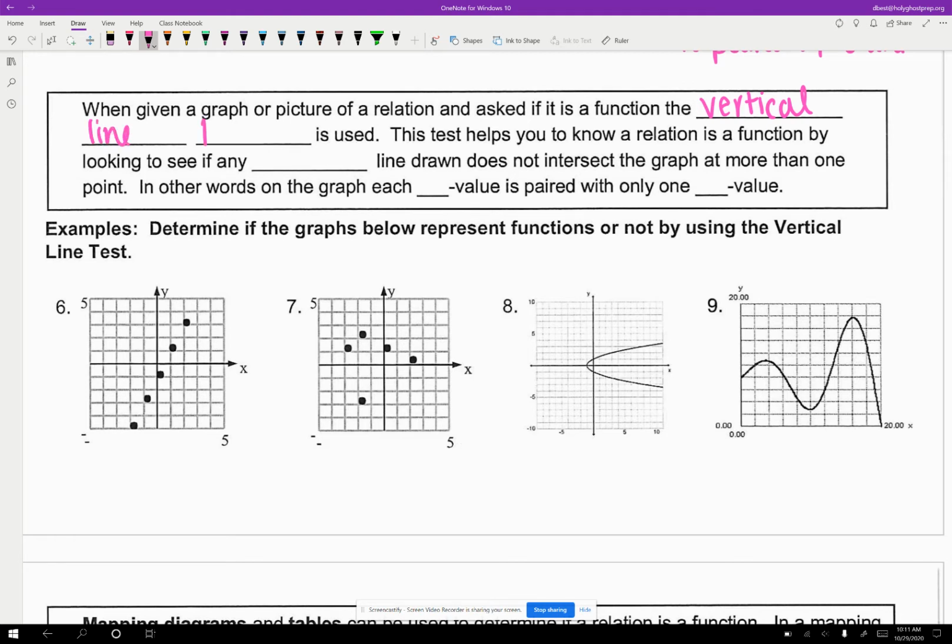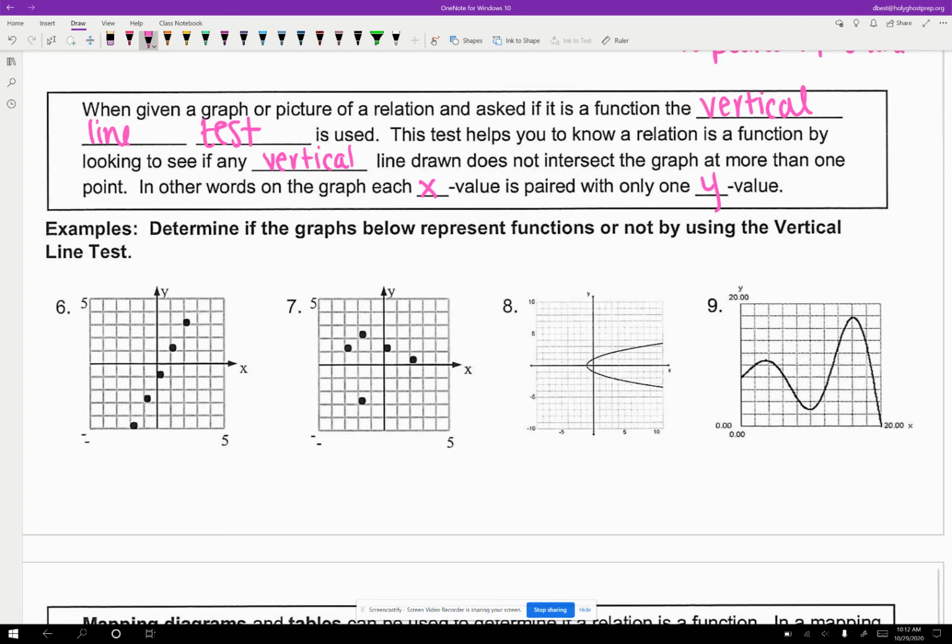The vertical line test helps you decide if a relation is a function by looking to see if any vertical line, so we're going up and down, drawn does not intersect with the graph at more than 1 point. So again, in other words, on the graph, each x value is paired with only 1 y value.